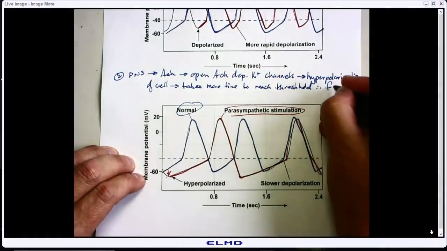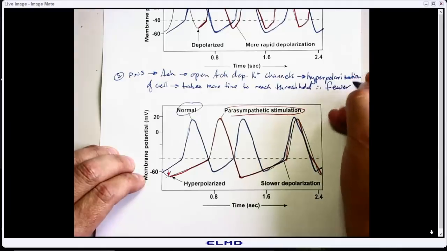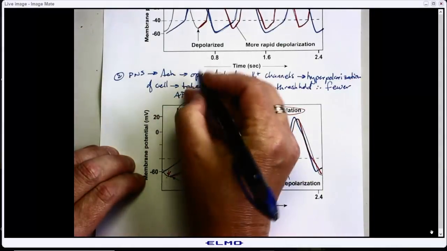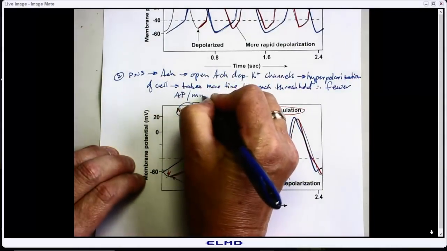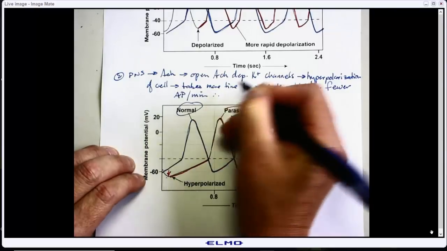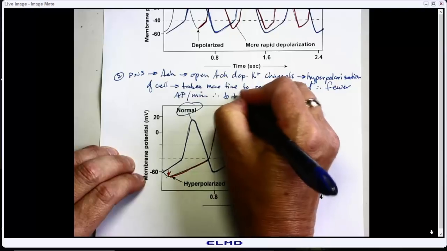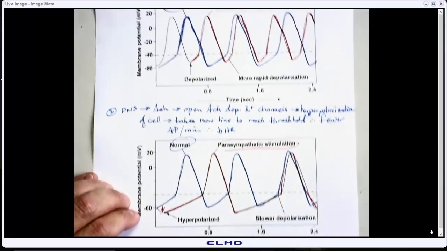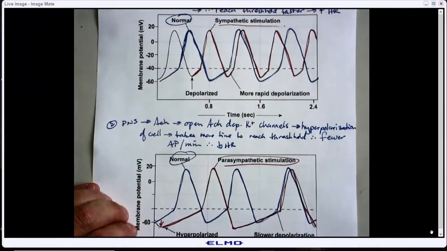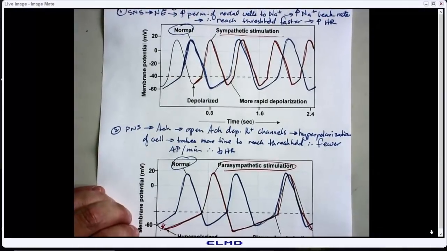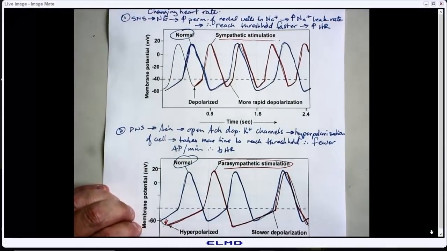Therefore, we're going to have fewer action potentials generated per minute. Therefore a lower spontaneous depolarization rate, therefore a decreased heart rate. So we can, through the sympathetic nervous system and the parasympathetic nervous system, change what our heart rate is.